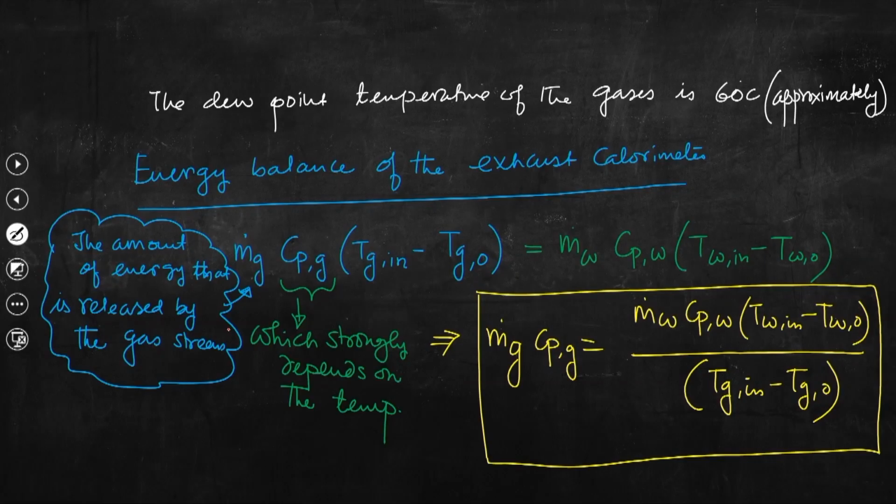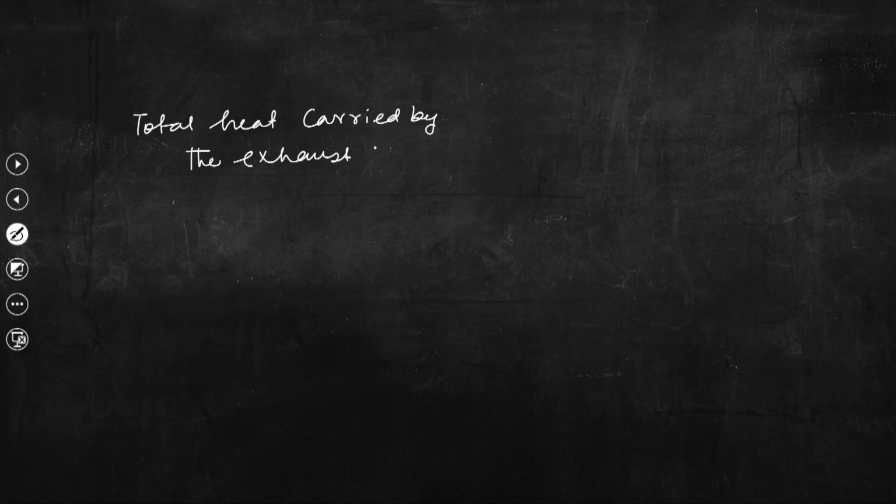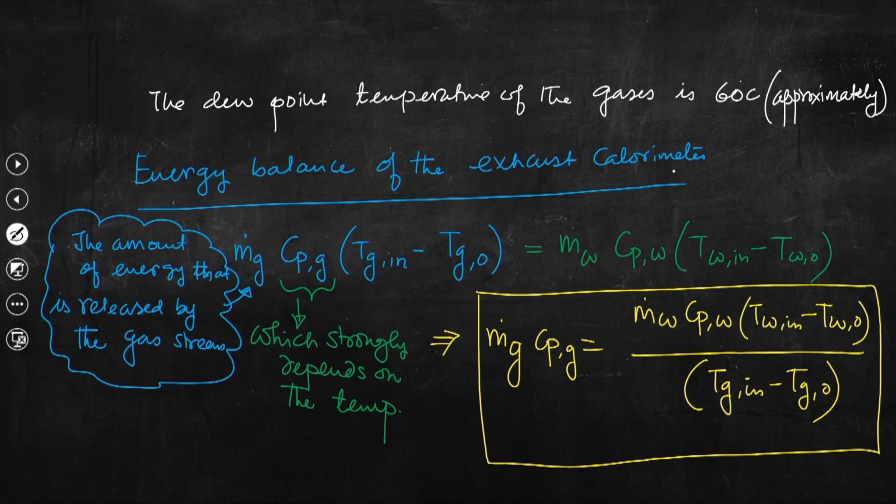Now, if you would like to take an effort, the total heat carried by the exhaust gas can now be measured, that is equal to m dot G Cpg that we have measured from this equation.